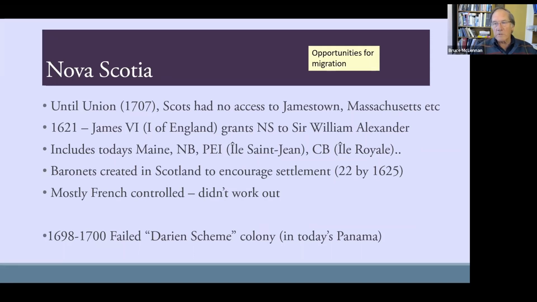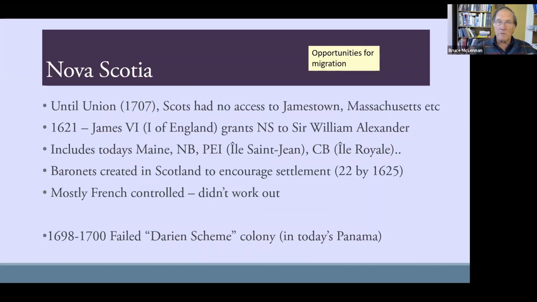That included today's parts that are called by separate names, particularly PEI, Prince Edward Island, then known as Ile Saint-Jean, and Cape Breton, known as Ile Royale at that time, but also Maine and the mainland New Brunswick were all part of this area. It was designated as everything between New England and Newfoundland.